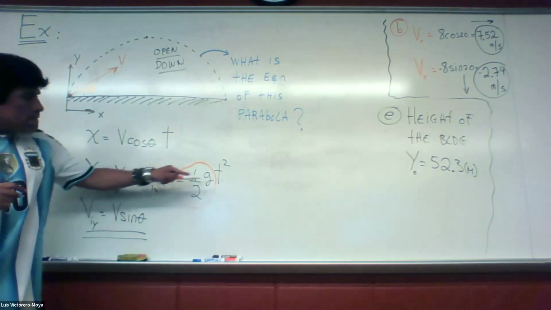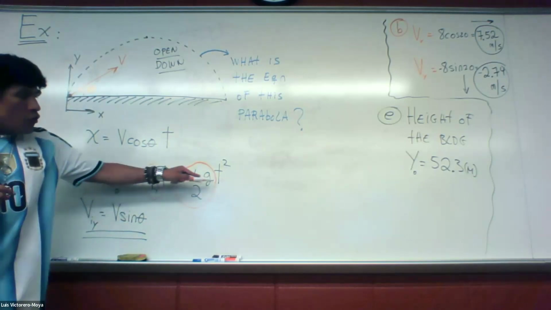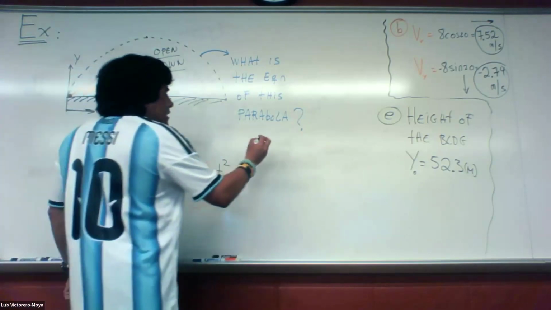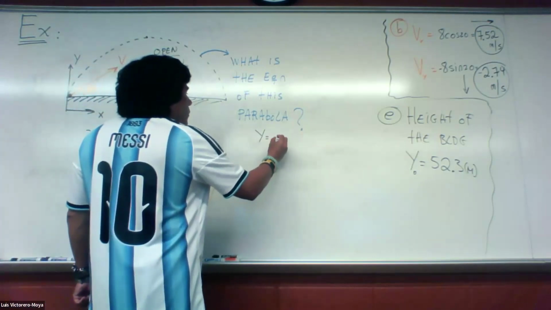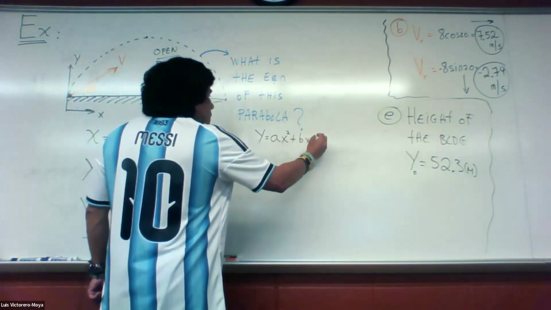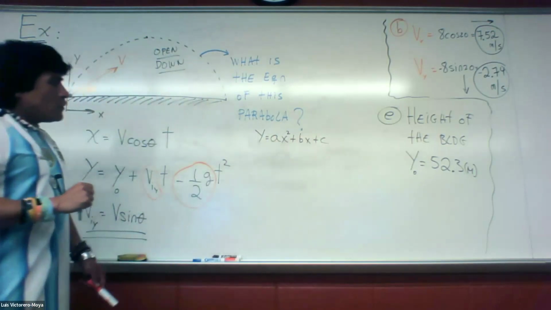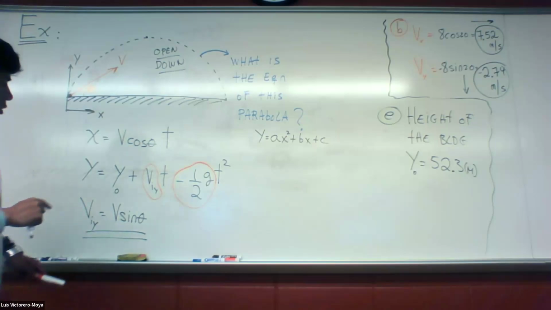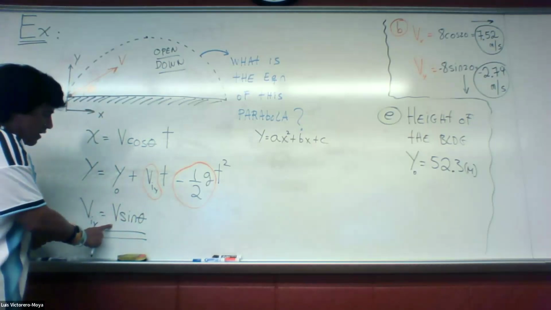So let's find an equation for the parabola. If I want to find an equation for the parabola, my general equation for a parabola is y equals a x squared plus b x plus c. So I have to write the equation of y as a function of x. And I can do that. How? V initial on y is this.